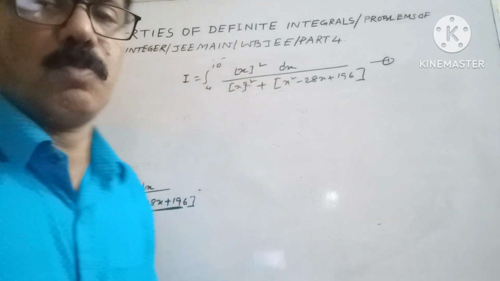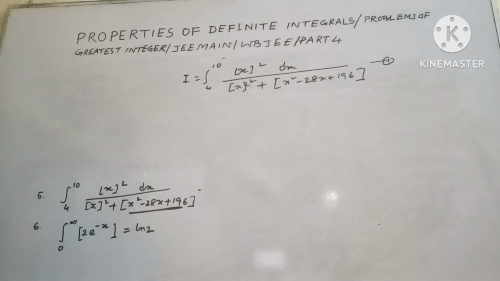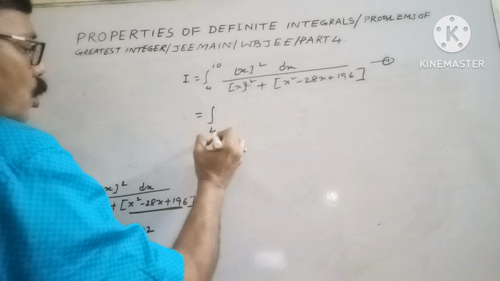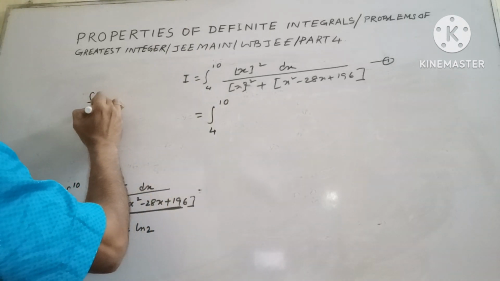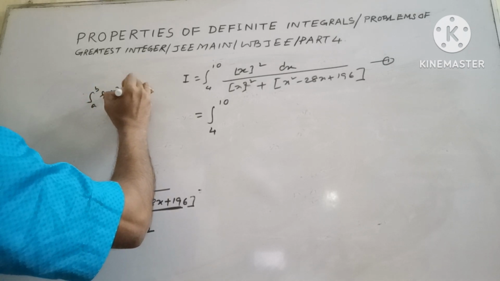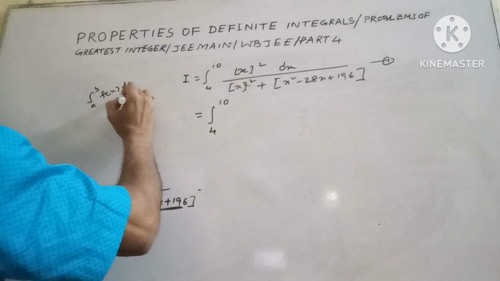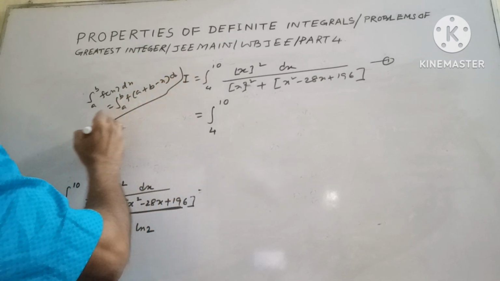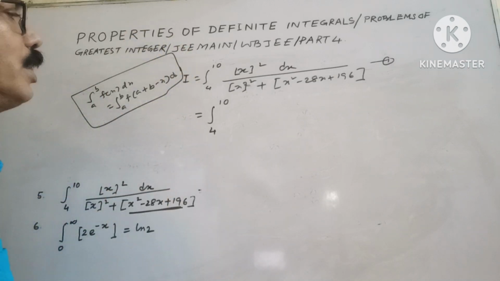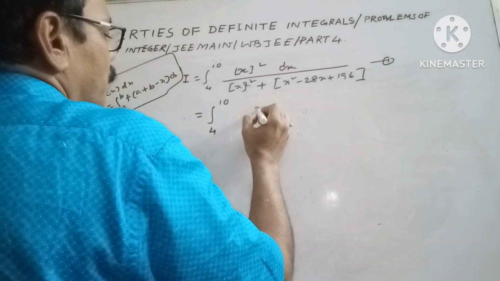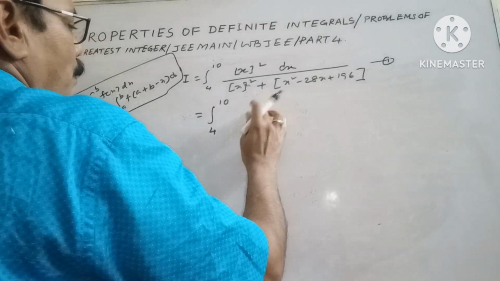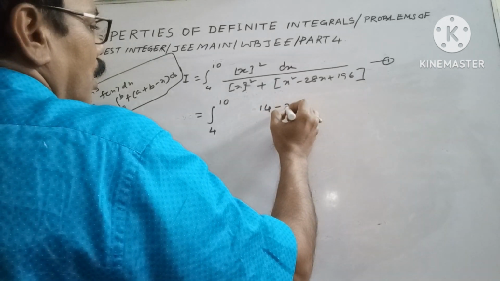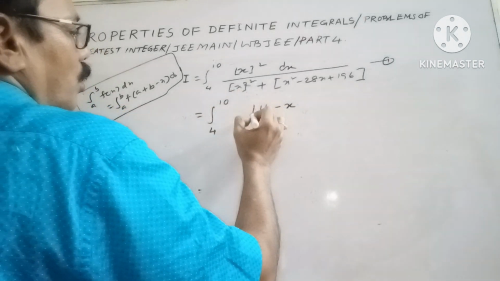Here you have to use a property of definite integral. So King's rule. Here lower limit is 4, upper limit is 10. So you know integral a to b f(x) dx, King's rule, a to b f of upper limit plus lower limit minus x. We have done so many problems using it. So x is replaced by upper limit plus lower limit minus x, so 14 minus x.